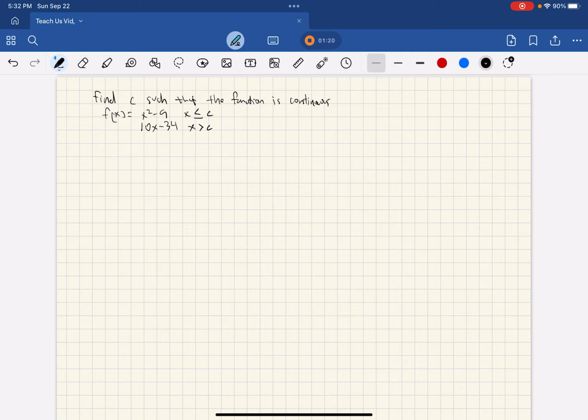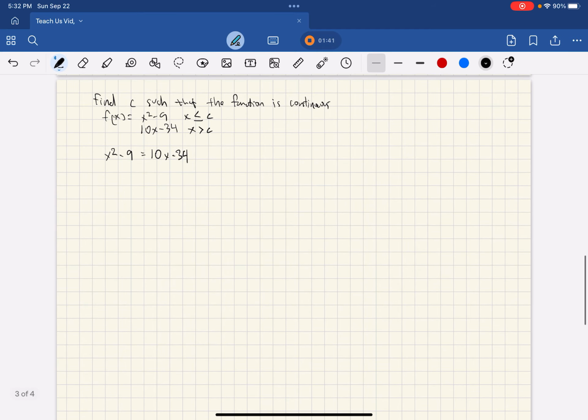So what we're going to do is set those two equal. x squared minus 9 equals 10x minus 34. The reason we set this equal is because of the condition where x is less than or equal to c, which basically says x can equal c.